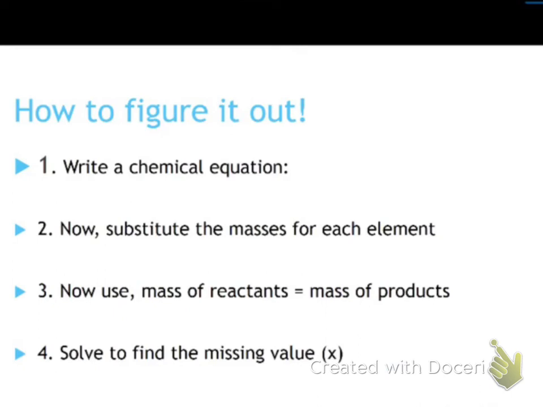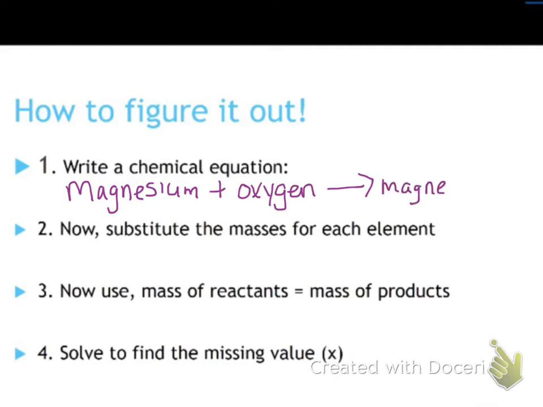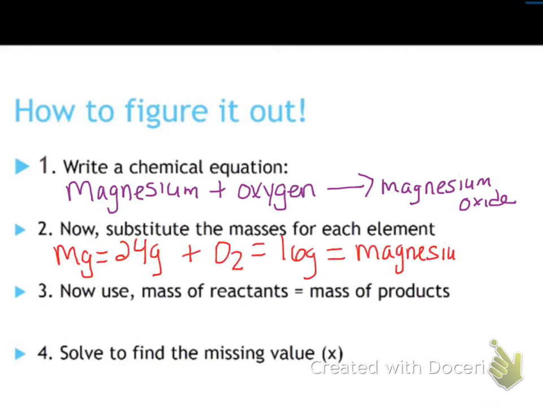So now onto the other side, you're going to write the chemical equation. Magnesium plus oxygen produces magnesium oxide. Now you're going to substitute the mass for each element. Magnesium equals 24 grams, oxygen equals 16 grams, equals magnesium oxide, which is just X. Now you use the mass of the reactants to equal the mass of the products. 24 grams plus 16 grams.